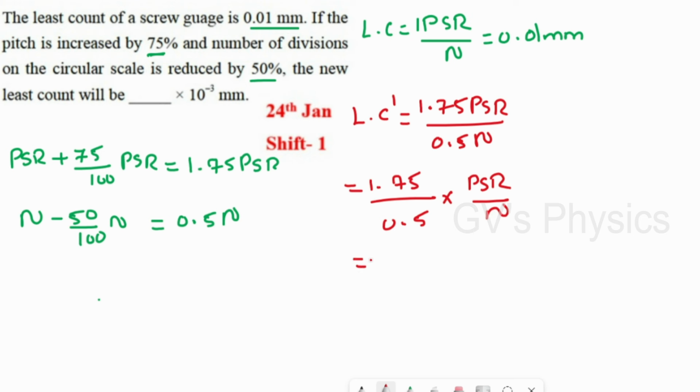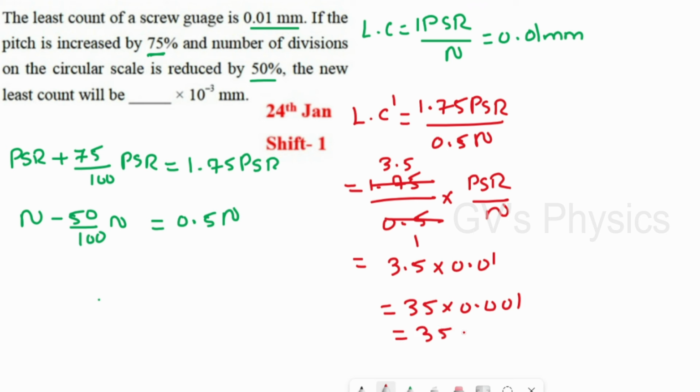Before substituting, we can cancel this: this will be 1 and this will be 3.5. So we substitute 3.5 into 0.01. So this will be 35 into 0.001, which is 35 into 10 power minus 3 millimeter. So the answer will be 35 into 10 power minus 3 millimeter.